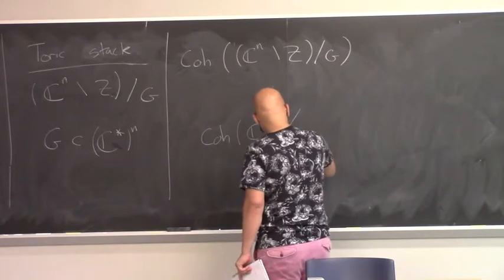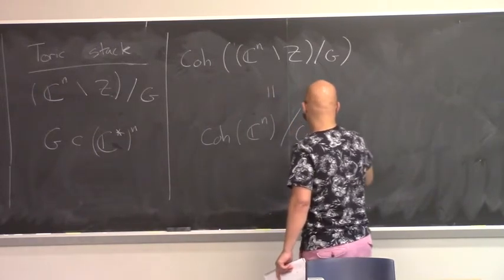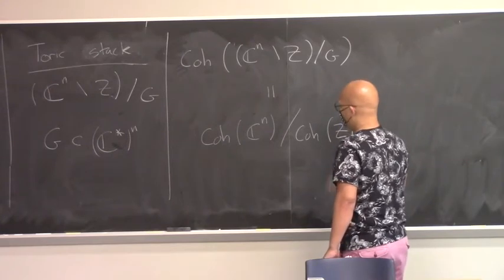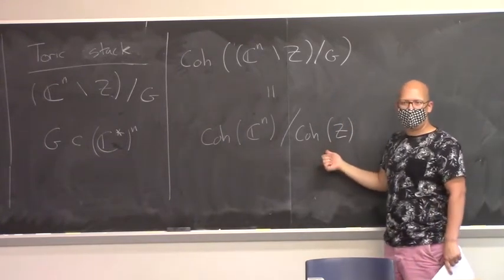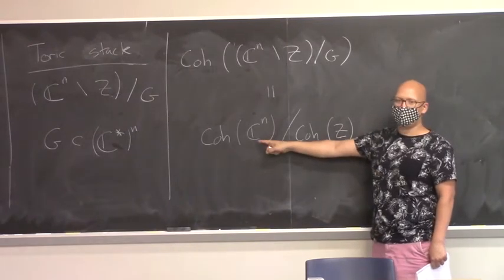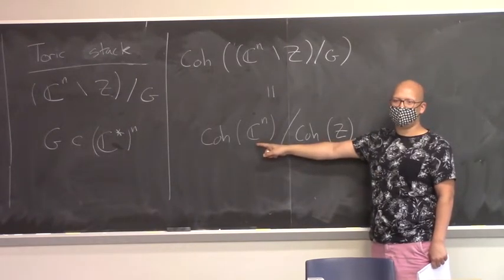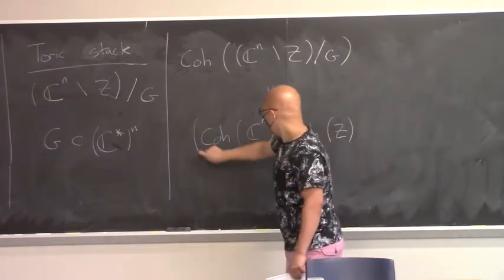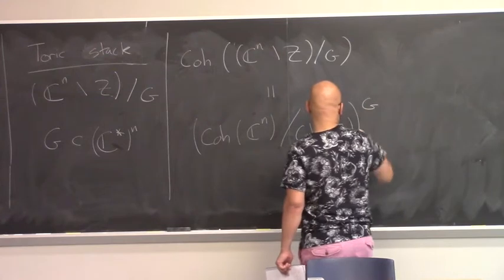I take the quotient by coherent sheaves on Z. It's important to observe that coherent sheaves on Z is not a full subcategory of coherent sheaves on C^n. But I take its image. And then I take the inverse.